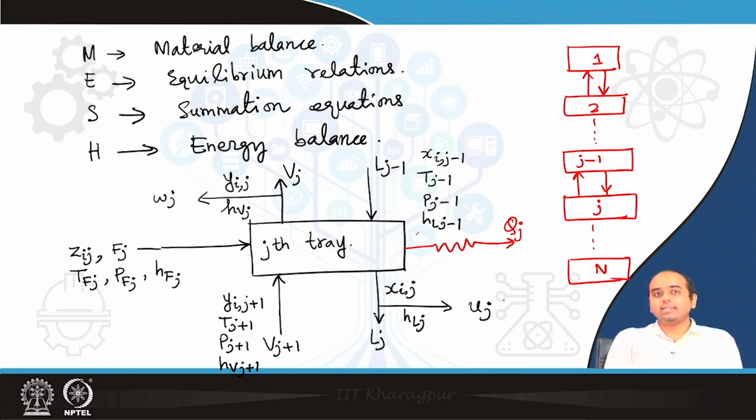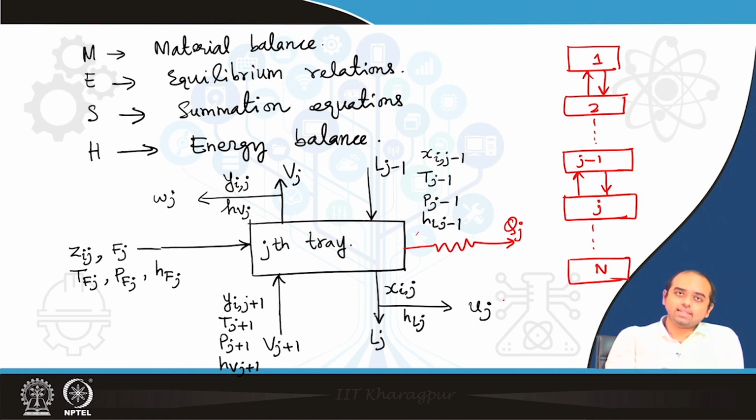Please note that there is nothing such as Vij or Lij, right, because V is the total vapor flow rate, L is the total liquid flow rate, F is the total feed flow rate. So that is not for the particular component flow rates, right. But Xij, Yij are the component mole fractions. That's why i is written down.